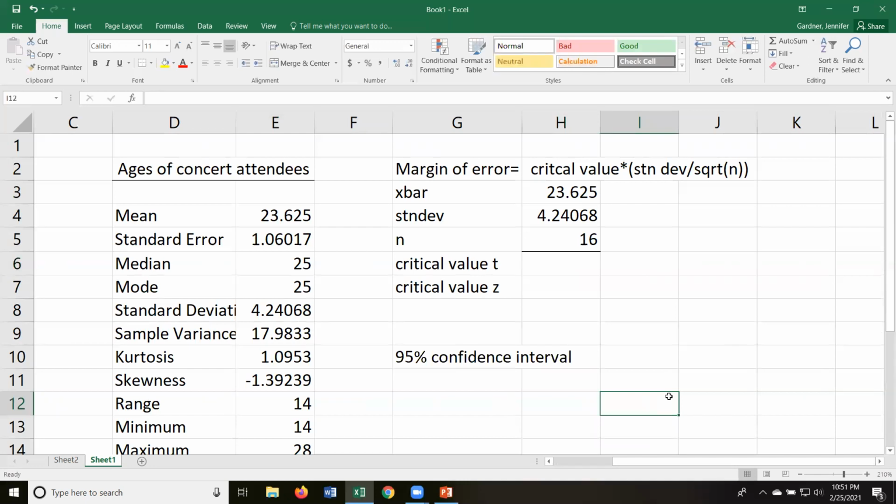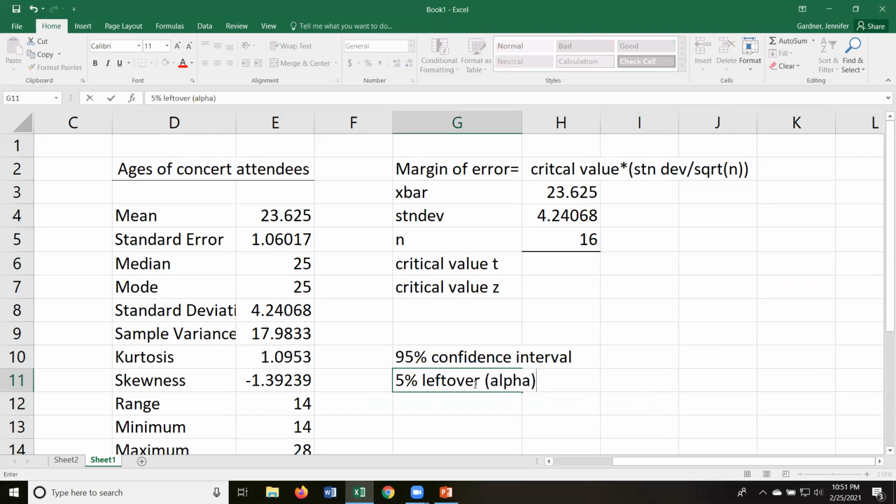So if we take 100 minus 95, that leaves 5% left over. That's also called alpha. That's the leftover bit. 95 and 5 make 100. But on each side, we have to split it. So 5% divided by 2 means that there is a 2.5% on either side.